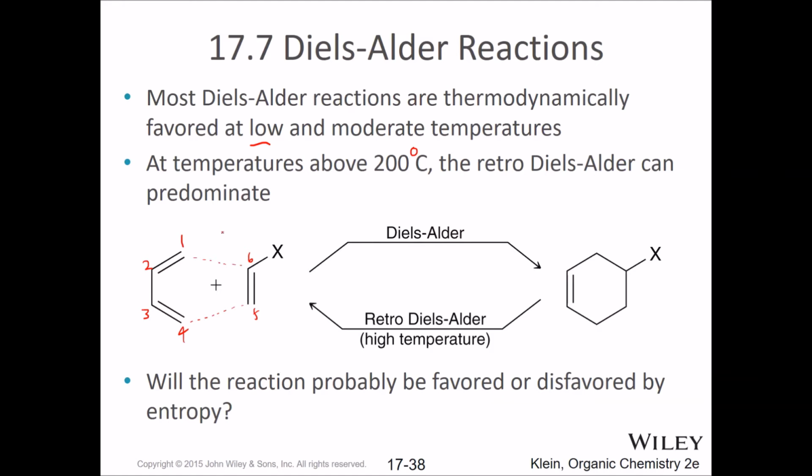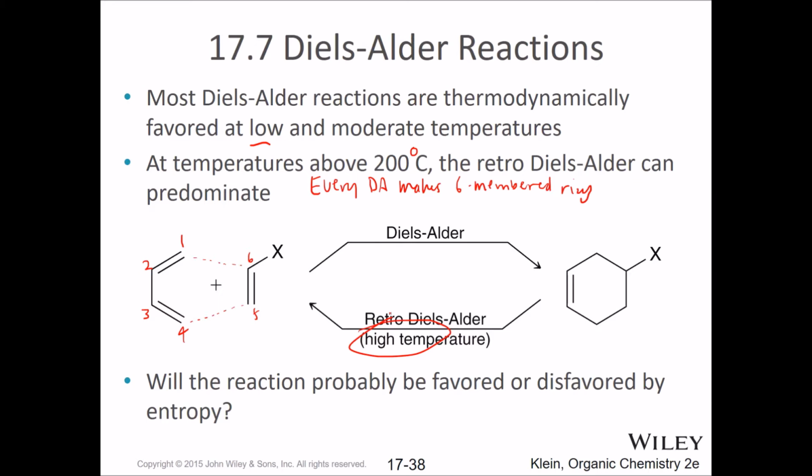Every Diels-Alder makes a 6-membered ring. So you've got to find your 4-atom structure and your 2-atom structure. But a retro Diels-Alder is when you take the 6-membered ring and tear it apart, and that can be done at high temperature.